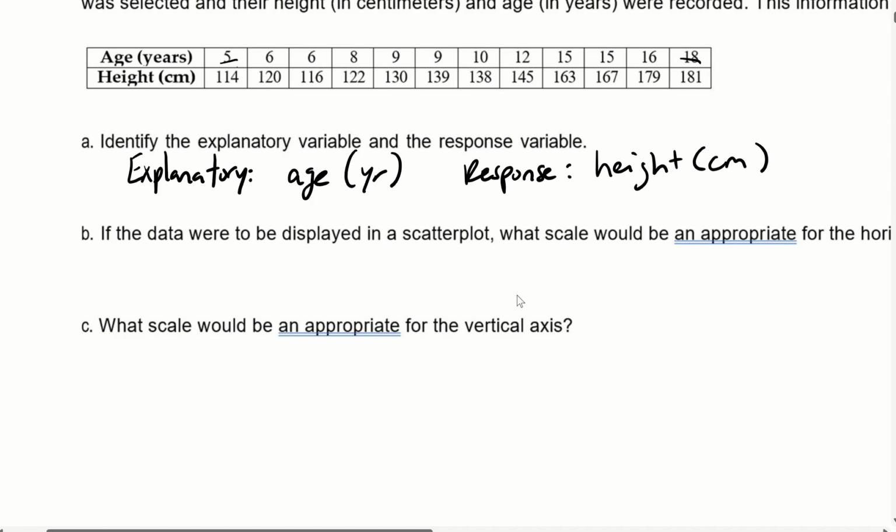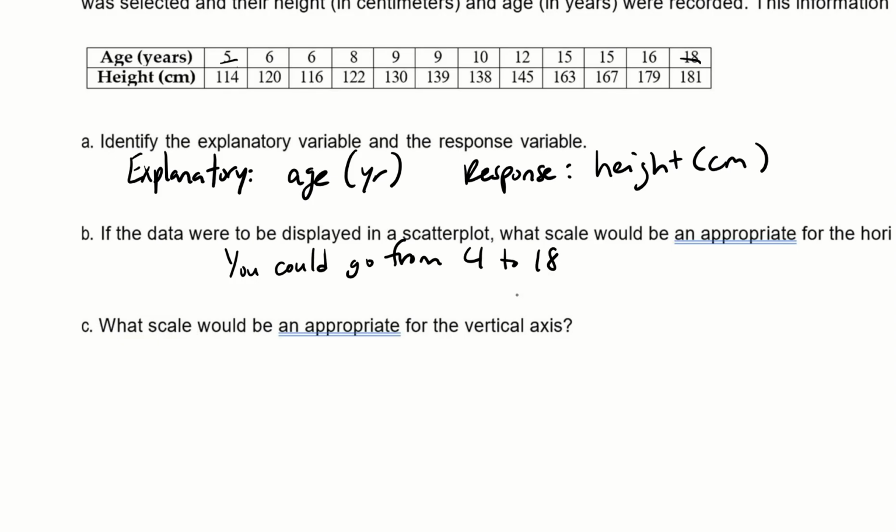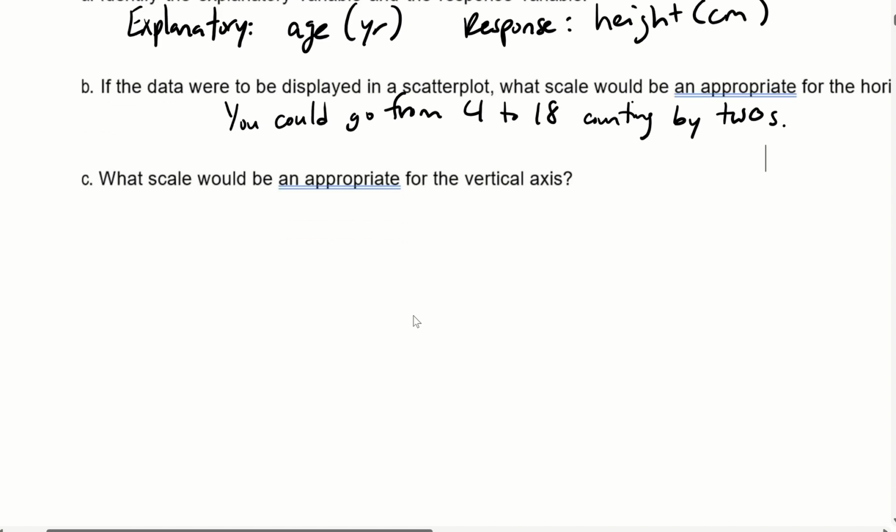So you could go from 4 to 18 counting by twos. Okay, so that would be an appropriate scale for the x-axis.